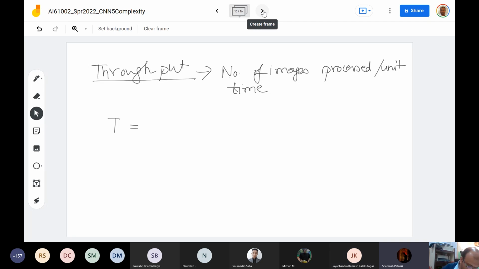So essentially this is going to be my FLOPs per second divided by my total number of FMA FLOPs. That is equal to 10 into 10 to the power of 9 divided by, what was that value, 122304.